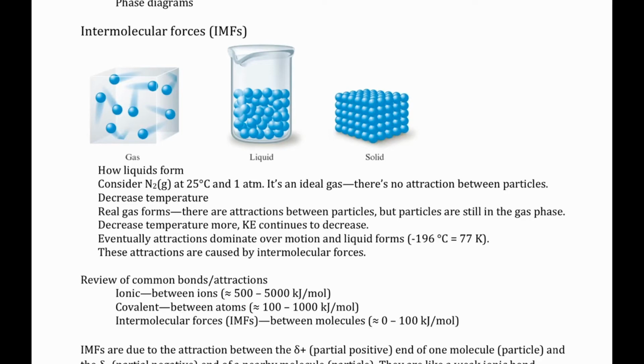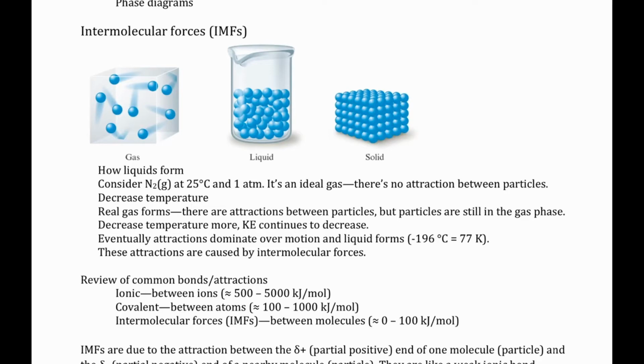No attraction between particles. They hit each other, but they just bounce away from each other. So now we decrease the temperature. Eventually, as we go to lower temperatures, a real gas forms. Still a gas, but now there are attractions between particles. But the particles are still in the gas phase.